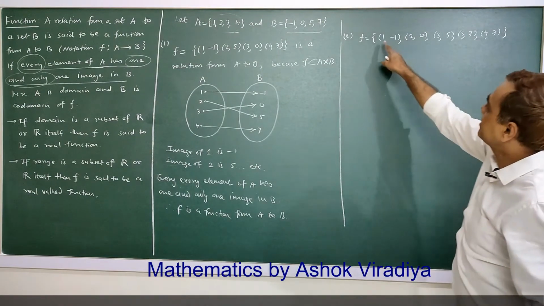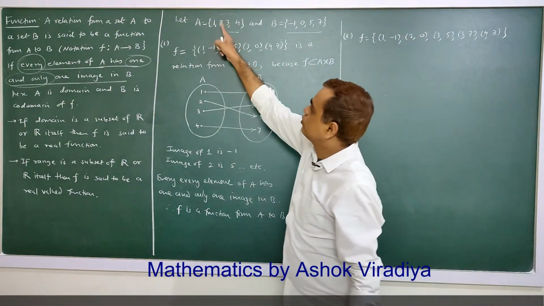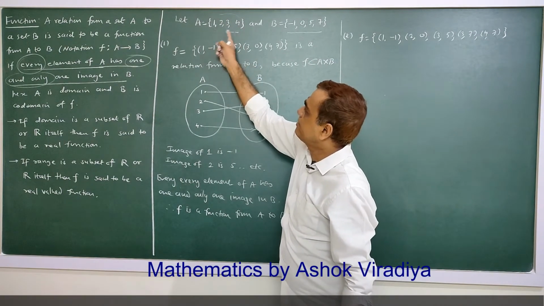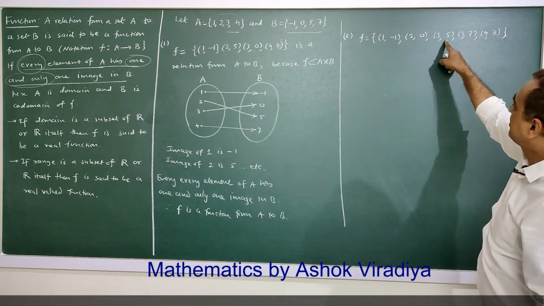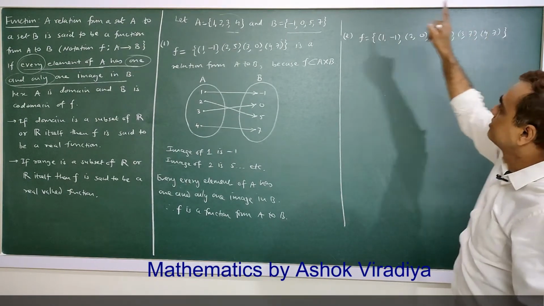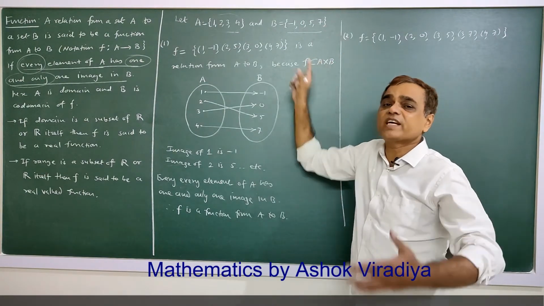See, the first elements are 1, 2, 3, 3, 4, from the first set. The second elements are -1, 0, 5, 7, 7, from the second set.